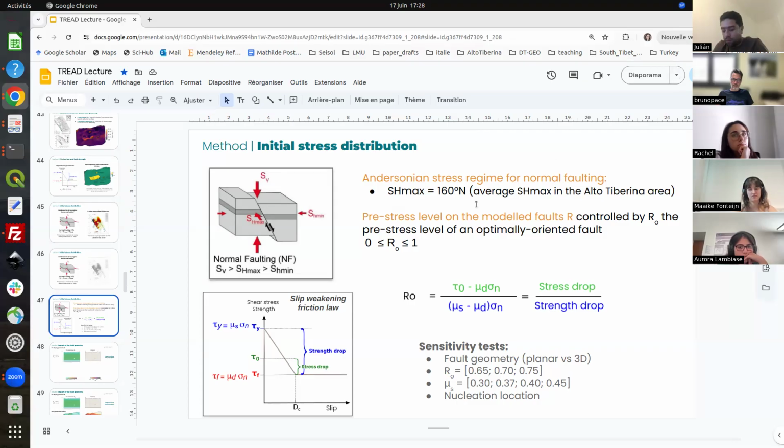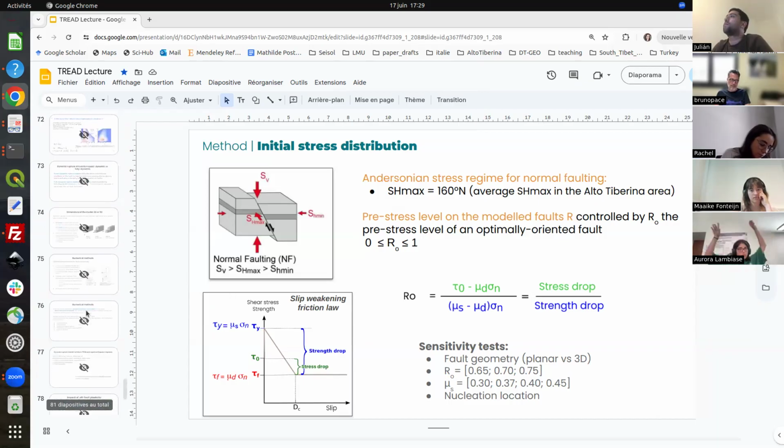The amplitude of the stress is controlled by the R ratio and by the lithostatic stress, so it's kind of proportional to rho g z. We have the stress orientation with SHmax, the relative amplitude between the three principal stress components using the stress shape ratio, and we set this parameter R, which tells you how close you want to be to the rupture.